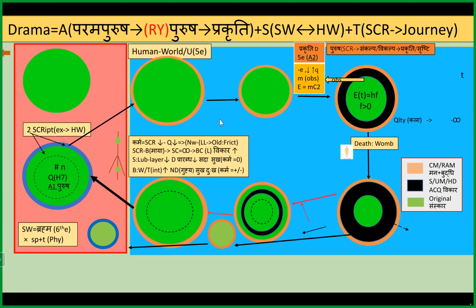When we play, the script is executed, and that we call karma. So automatically you will go from new to old. As the script is executed, the charge or the quality of the soul keeps deteriorating.